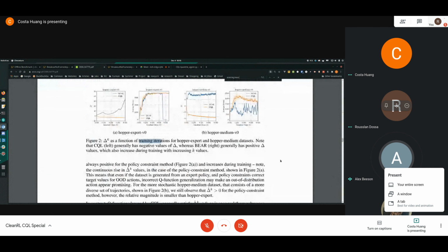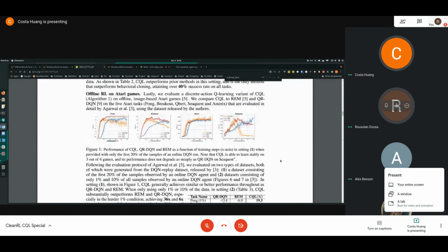I wonder if it's what they've got in the Agarwal paper, because they mention iterations. In the optimistic perspective on offline reinforcement learning, each iteration corresponds to 1 million training frames.